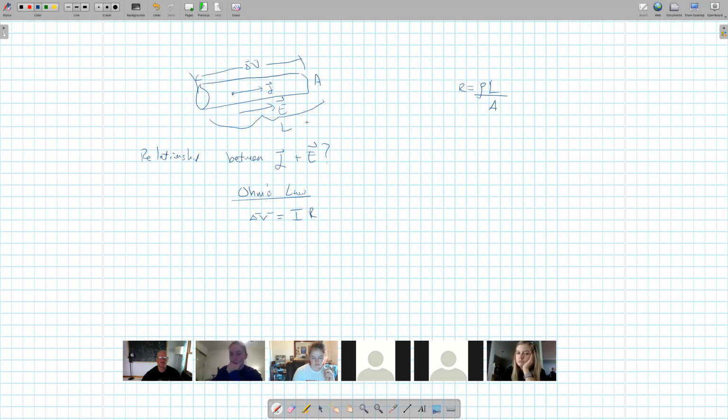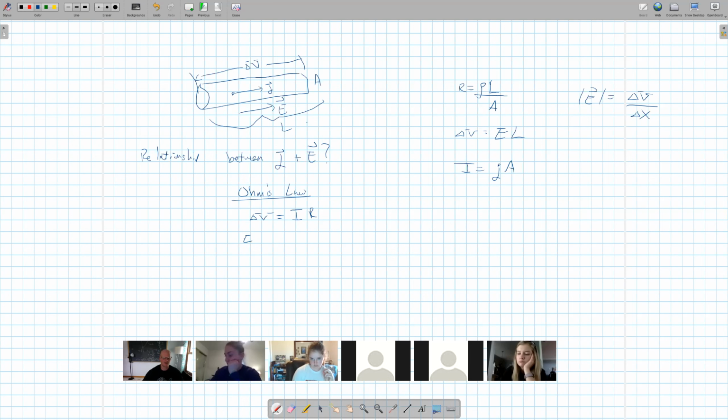We also know that the change in potential is equal to the electric field times the length. Because remember that the magnitude of the electric field is equal to the change in potential divided by the change in distance. So in this case, the change in distance is L. And we also know that the current is equal to the current density times the area.